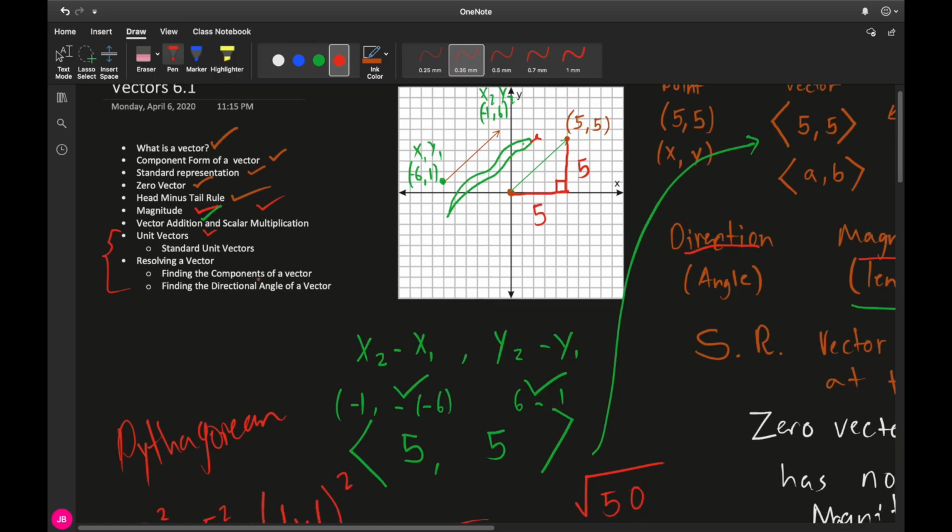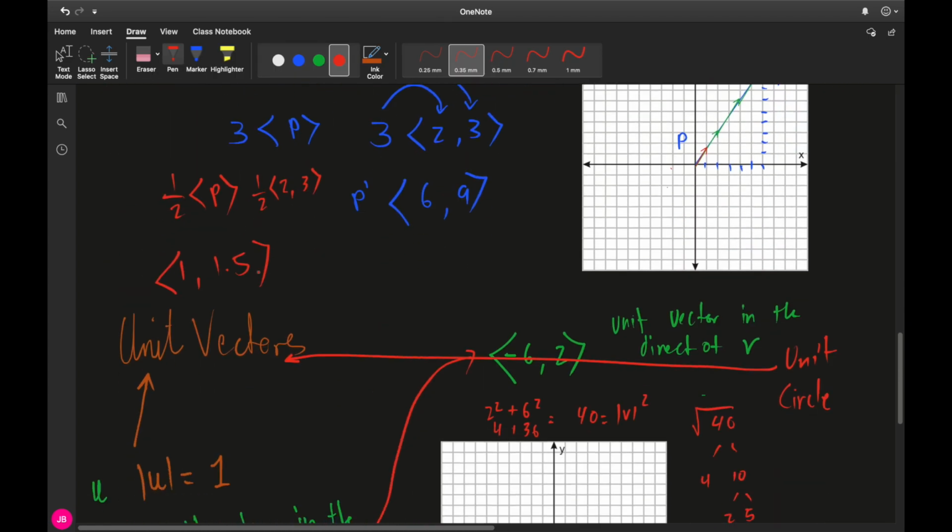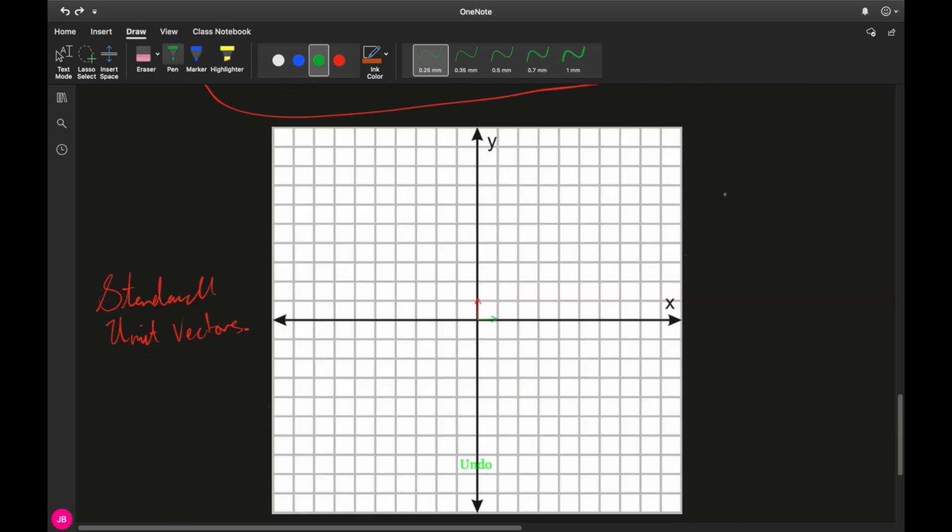Let's go over really quickly what a standard unit vector is. So there are 2 standard unit vectors, i and j. And i is the vector 1, 0, and j is the vector 0, 1.